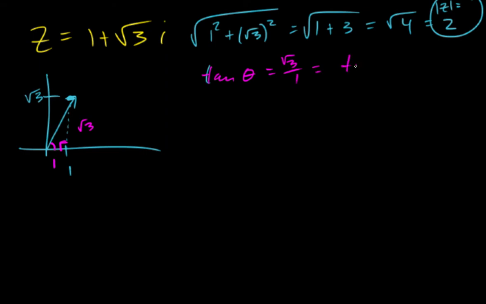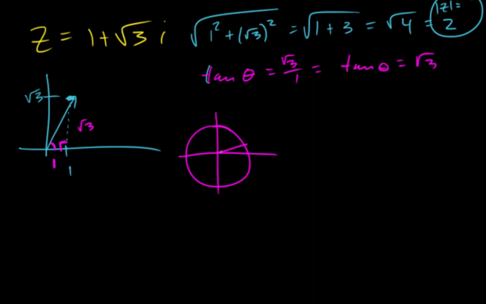If we simplify that, tangent theta is equal to square root of 3. And then if we look at that on this, or let's see, should I just plug it in to a calculator? We want to know where we have square root of 3.